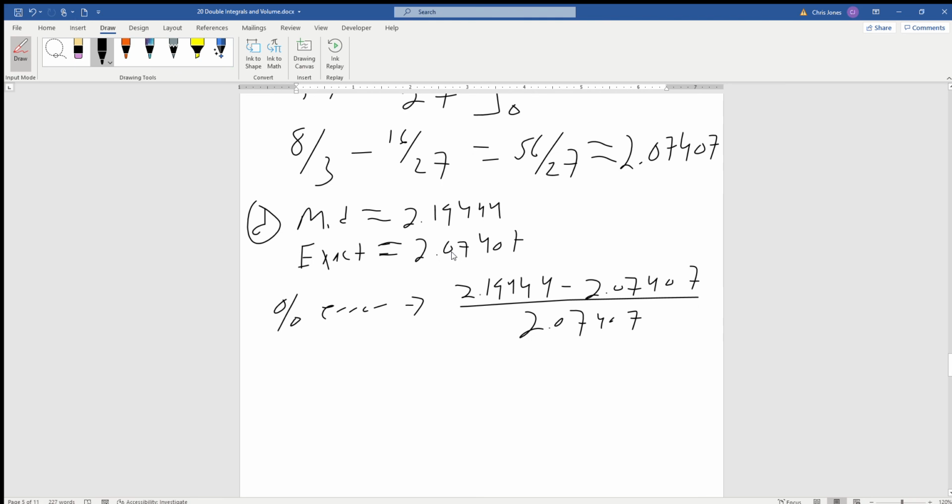So if I shove that into the calculator, I get about 5.80%. Okay, and so not really all that great.